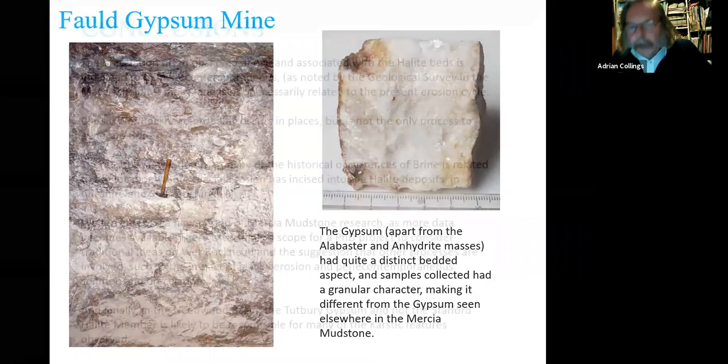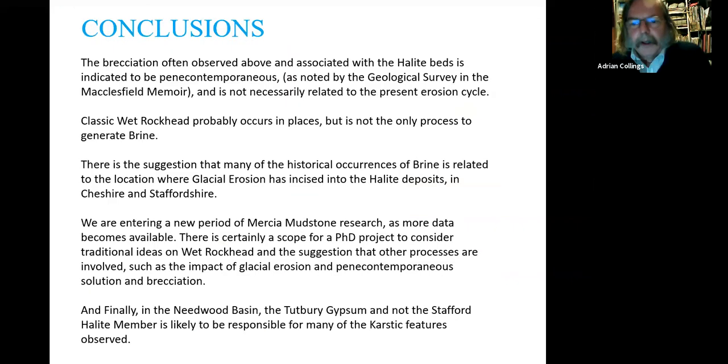So, to conclude, the brecciation, often observed above and associated with the halite beds, is indicated to be penecontemporaneous, as noted by the Geological Survey in the Macclesfield memoir, and is not necessarily related to the present erosion cycle.